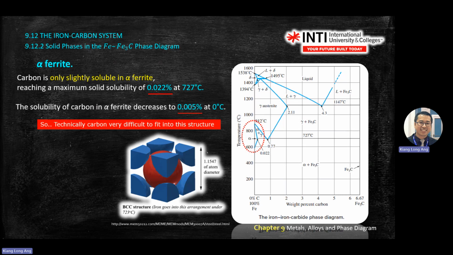You know your R, and you know your BCC crystal structure A, so there is a space here. But your carbon cannot fit inside there, because the carbon size is too big. That's why it only gives you very, very low solubility, because of the crystal structure.